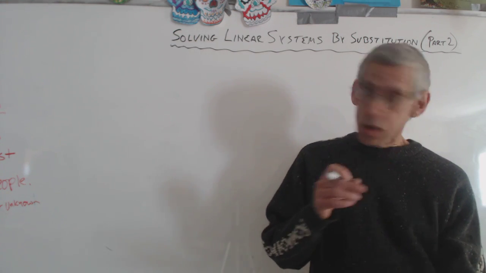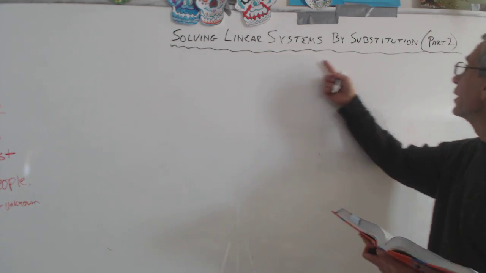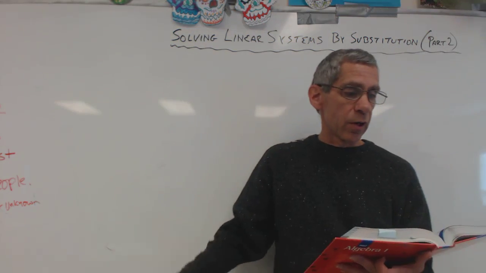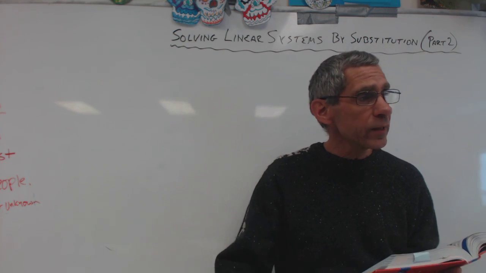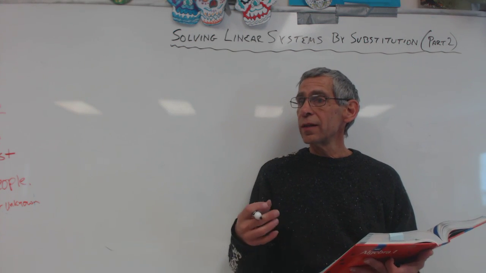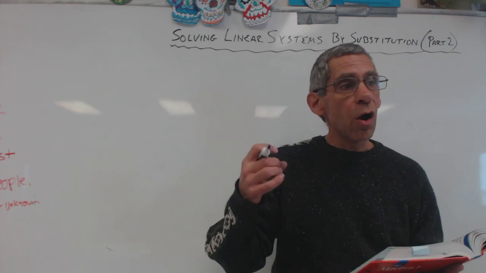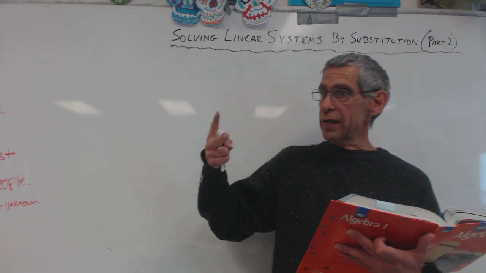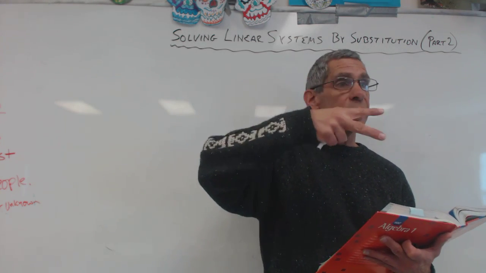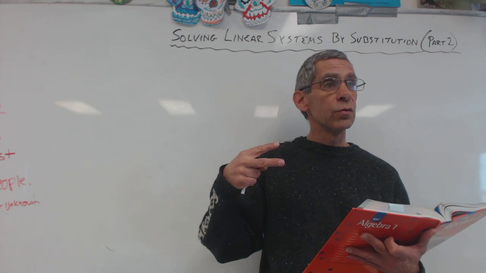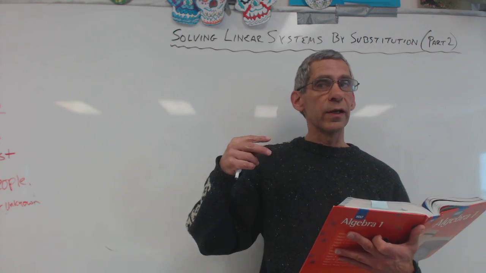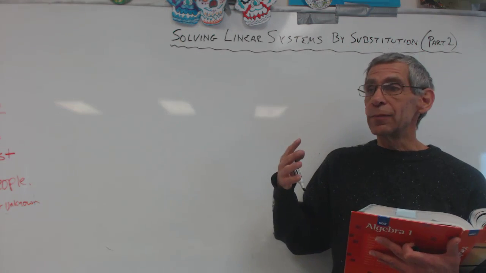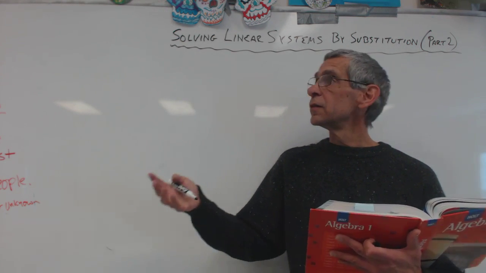All right, so we're going to talk about solving linear systems by substitution, part 2. We talked about it yesterday, and the important thing is that you're given 2 equations. In Algebra 2, you might be given 3 equations, but in this case, we're only going to deal with 2.